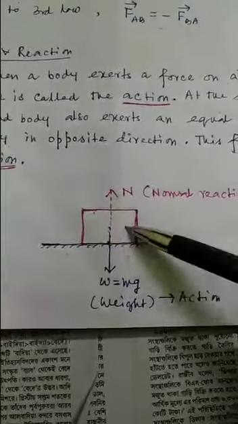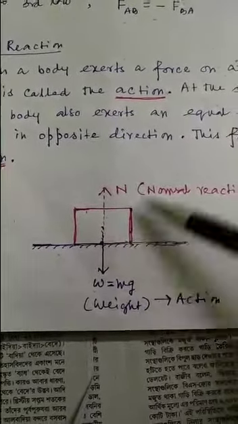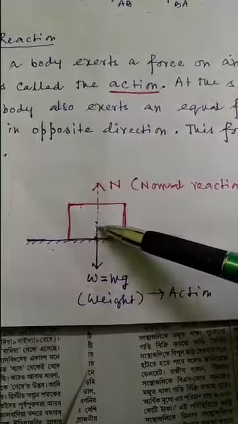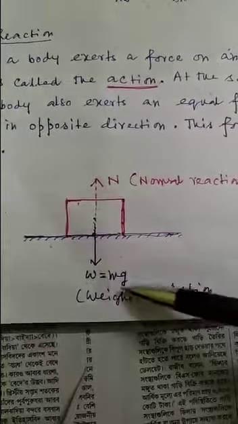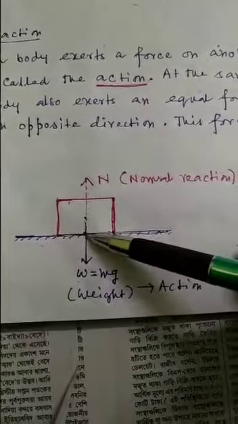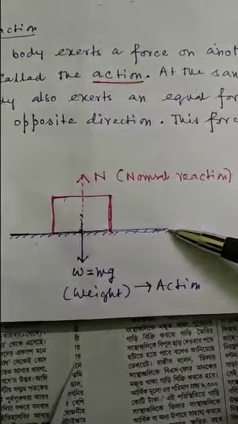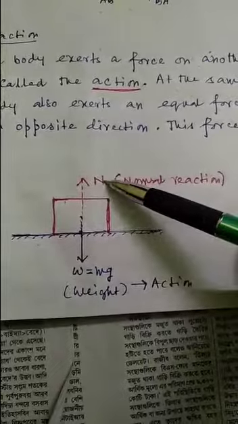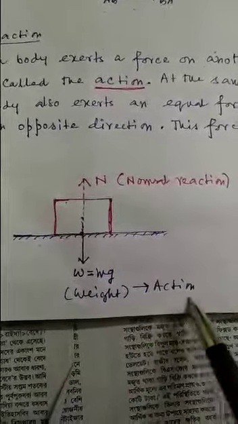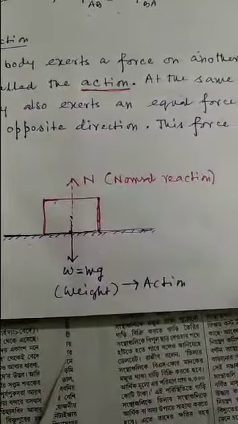Suppose a wooden block is kept on a table. What are the forces acting here? One is the weight of the block, which acts vertically downward, W equals mg. The other is the normal reaction by the table, here it is N. Here I state this weight as the action, so definitely the normal reaction will be the reaction force.